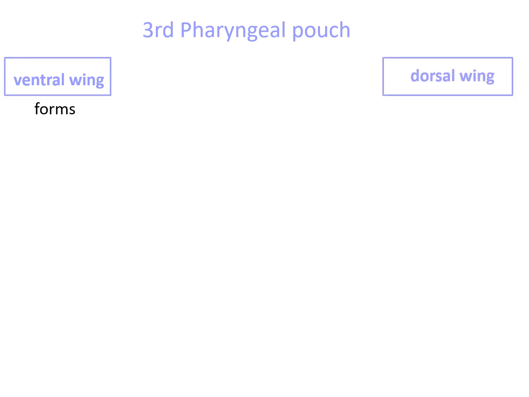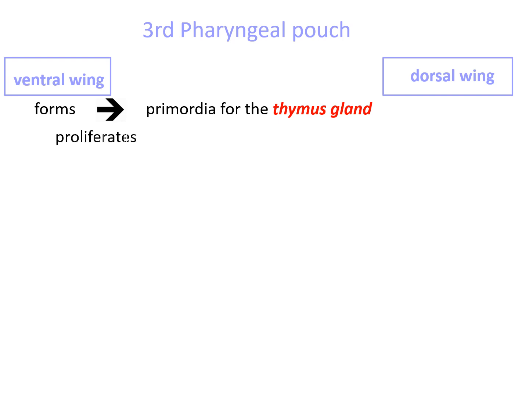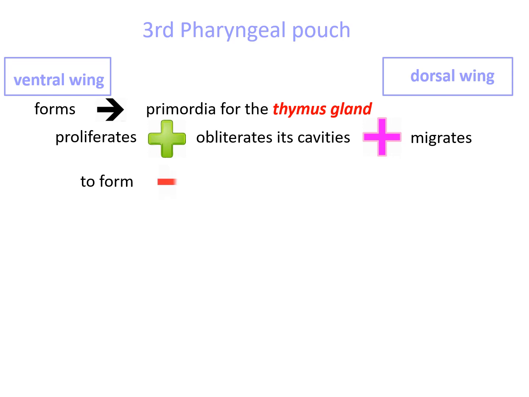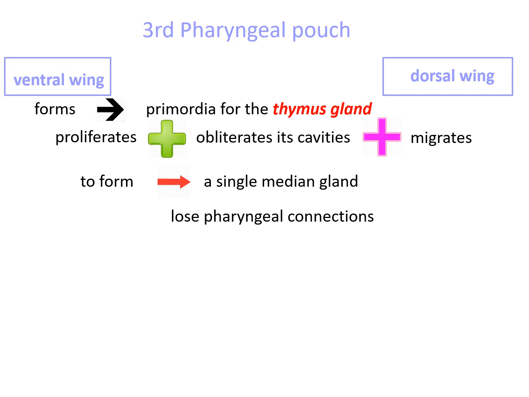Here are some notes about the third pharyngeal pouch. It has a ventral wing and a dorsal wing. The ventral wing will form the primordium of the thymus gland, which proliferates and obliterates its cavity, and it migrates to form a single median gland.